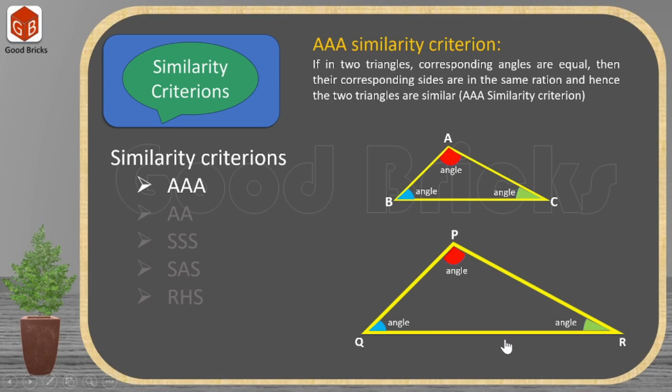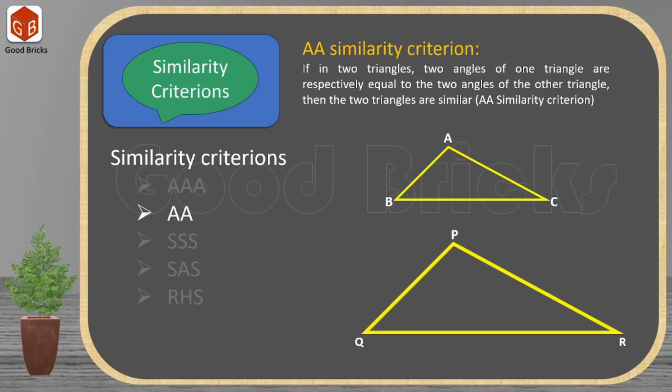These angles are called corresponding angles. If corresponding angles of two triangles are equal, then as per AAA similarity criterion, we can say those two triangles are similar.